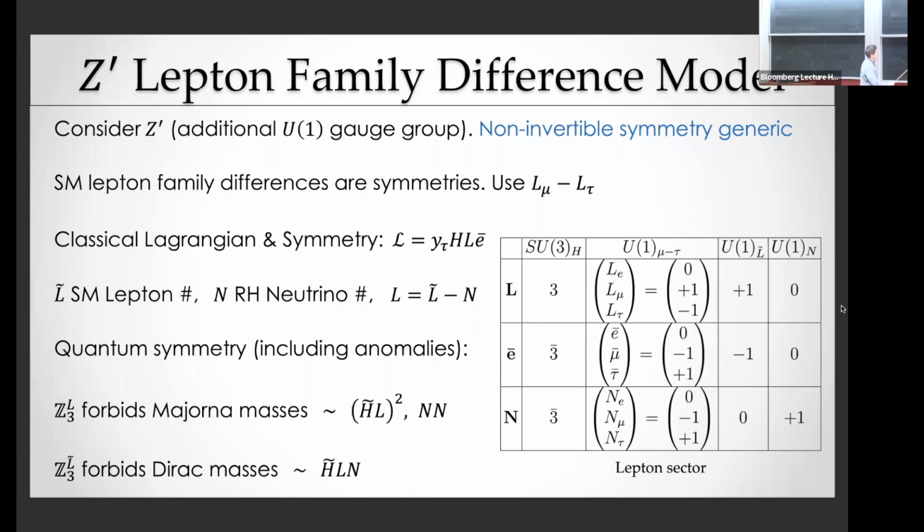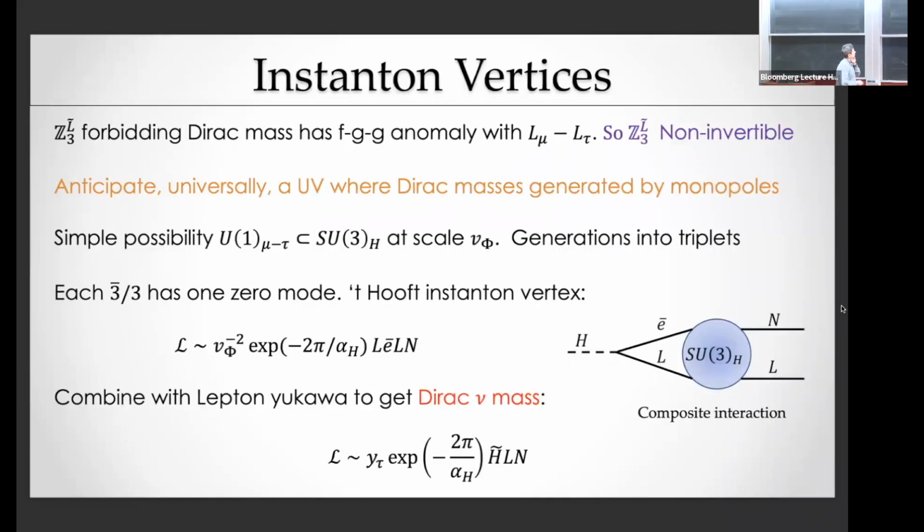And the standard model lepton number, Z3 L tilde, which is also a symmetry, forbids Dirac masses. So these two symmetries keep neutrinos exactly massless in such a model. All very well known.